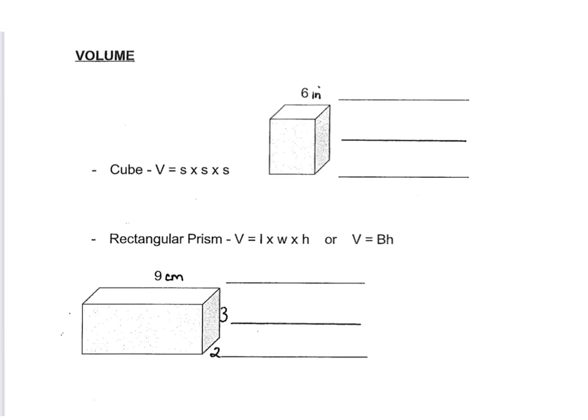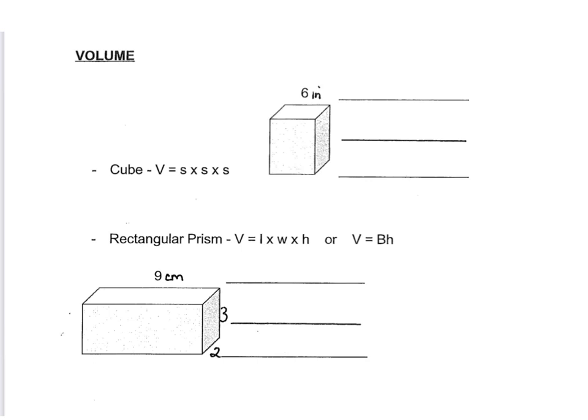The way I always describe it, and it's going to be kind of hard through a video, is that I think about a volume question as filling up a three-dimensional object with what are called cubic units. Probably the easiest one to think about is the little unit cubes you've probably used in your math classes before.